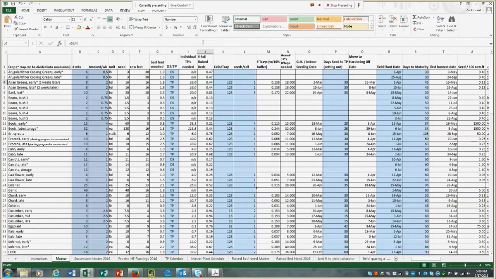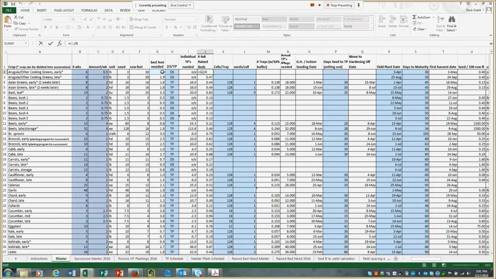So this is the number of 4 by 8 foot raised beds. Now this is something that I don't have highlighted as blue, but if you have a different sized raised bed, like say for instance all of your raised beds are 4 by 4, or you do 4 by 12 foot raised beds, you might need to adjust that. Okay, so if you look at that equation, for arugula, I'm highlighting it, it says G2, which is the number of bed feet of arugula that I need, divided by 4.